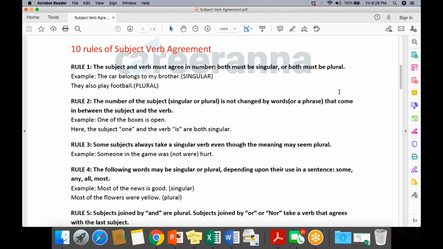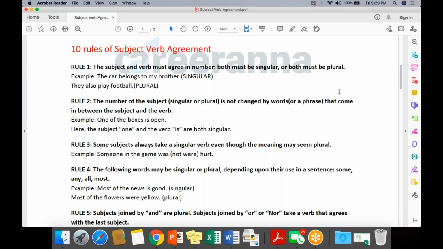Now, if you see my rule number 2, it says the number of the subject is not changed by words that come in between the subject and the verb. One of the boxes is open. Here the subject one and the verb is are both singular. Now see, what is happening if I say one of the boxes?